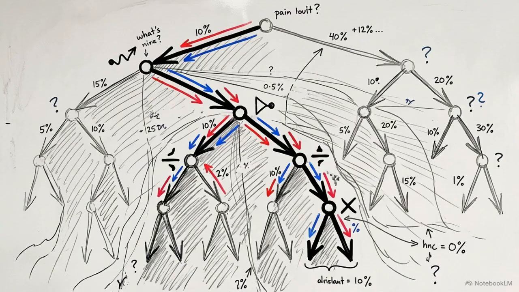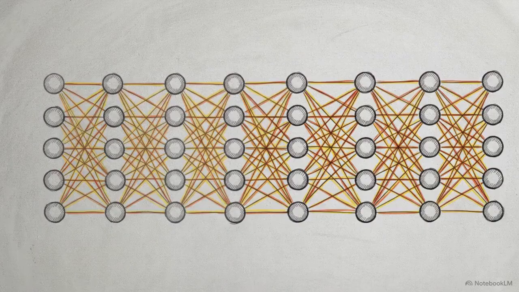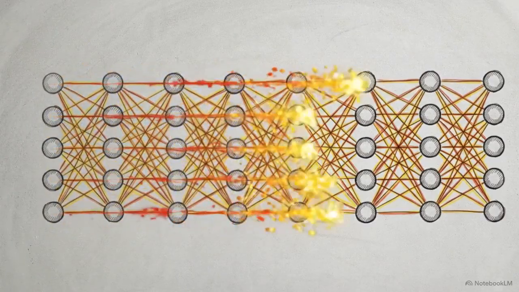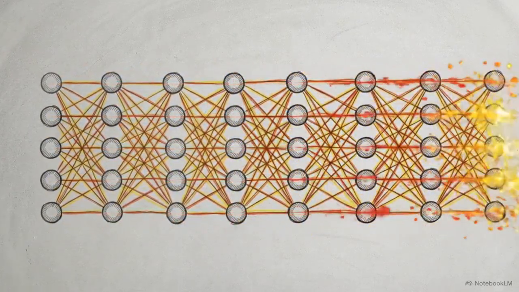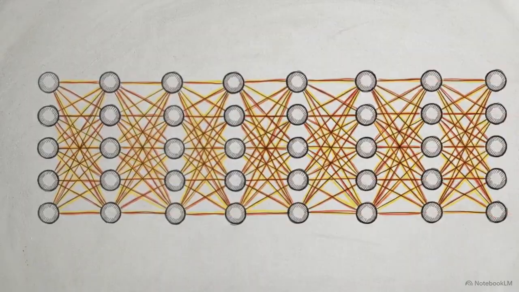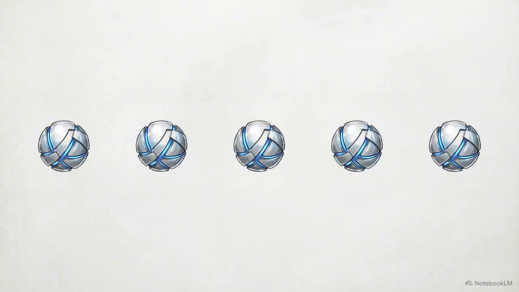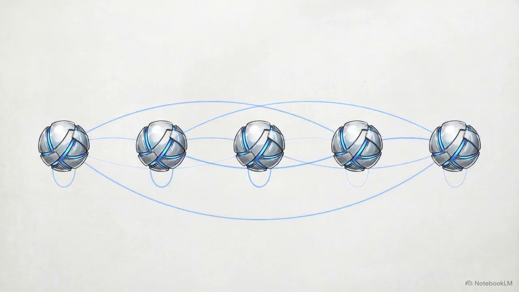Researchers eventually asked if the attention mechanism handles contextual mapping effectively enough to remove the recurrent neural networks entirely. The result was the transformer, an encoder-decoder architecture that removes both recurrence and convolution from the process. It relies on the principle of self-attention. Here, every token in a sequence compares itself to every other token simultaneously.